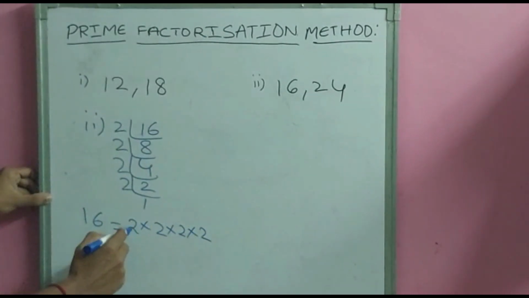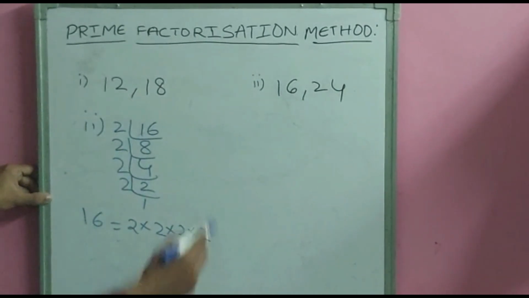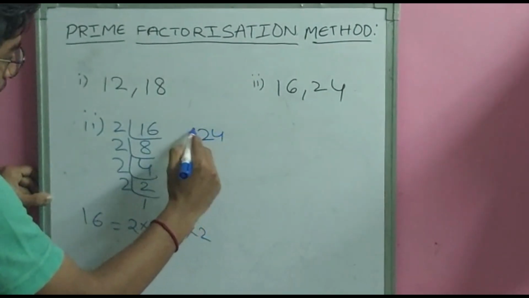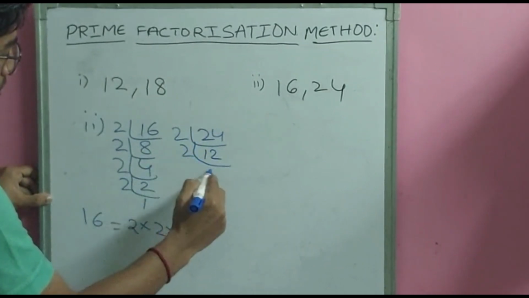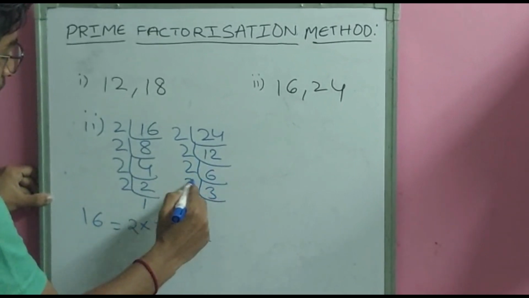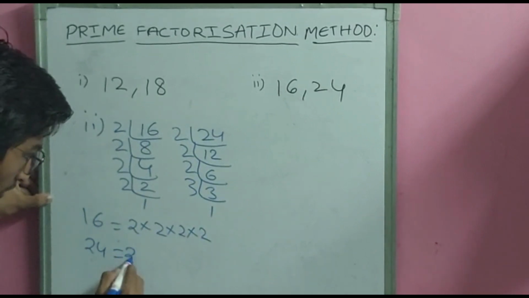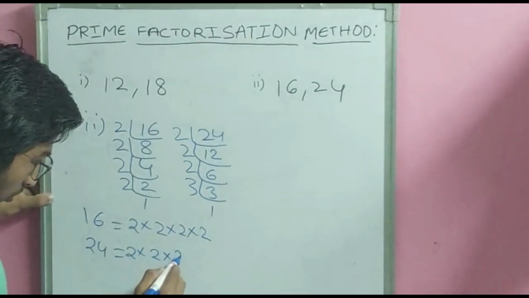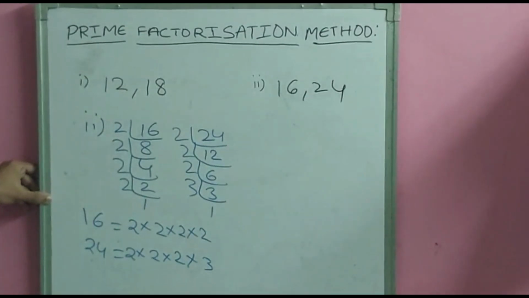If you multiply, 2 twos are 4, 4 twos are 8, 8 twos are 16. We get the same answer again. For 24, 2 twelves are 24, 2 sixes are 12, 2 threes are 6, 3 ones are 3. So 24 can be written as 2 into 2 into 2 into 3.